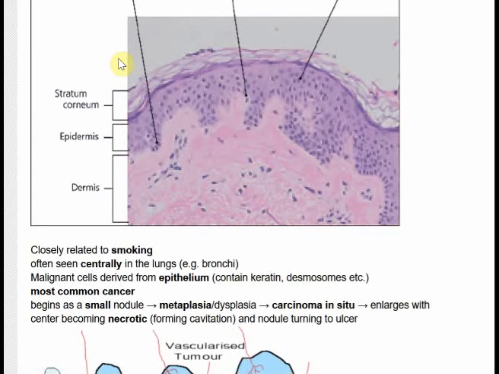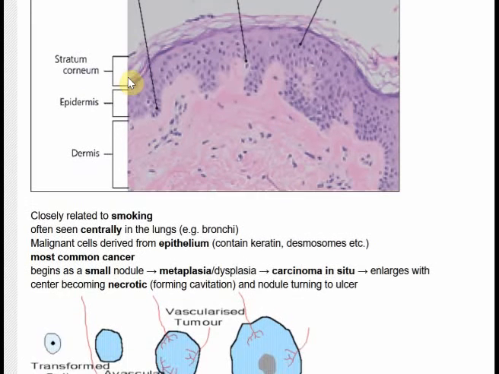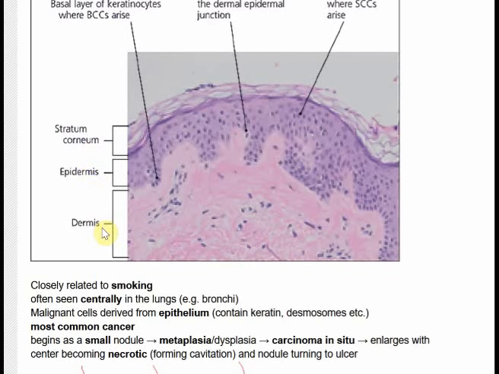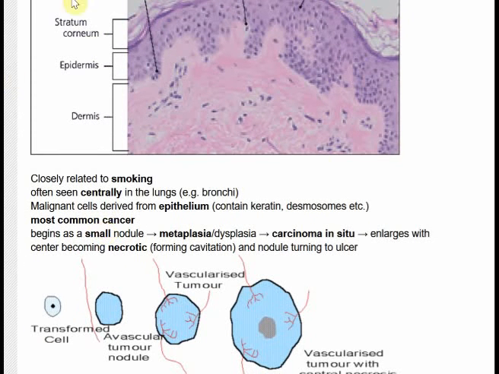So it usually starts as a small nodule to begin with, then becomes necrotic, and so this is a squamous type of cancer. You've got your stratum corneum, epidermis, and dermis. So if you imagine, you have all this stratum corneum buildup, and the inside becomes very, very necrotic.